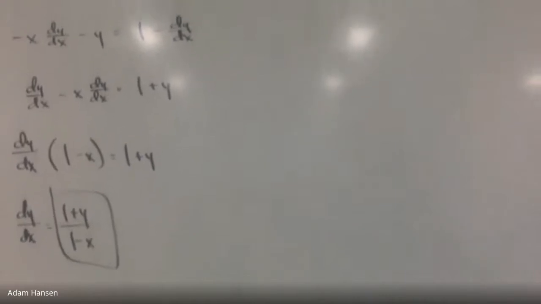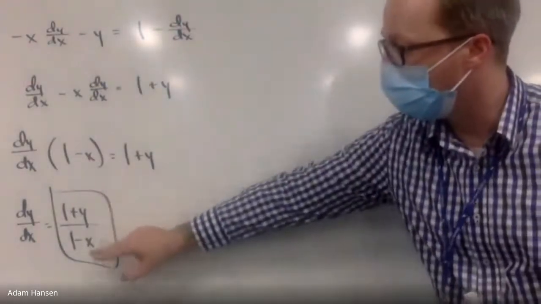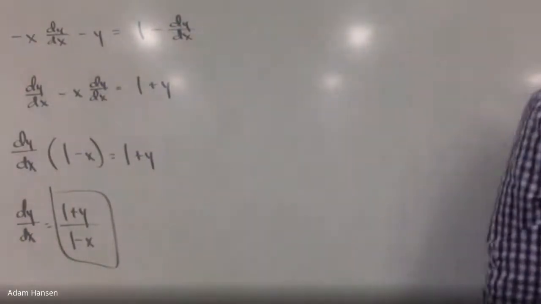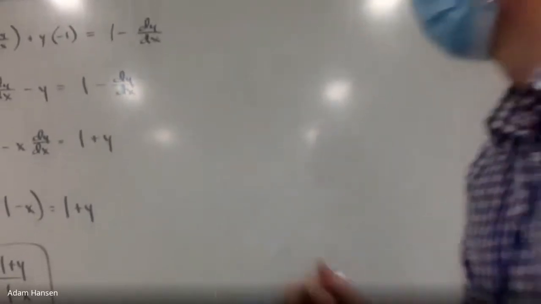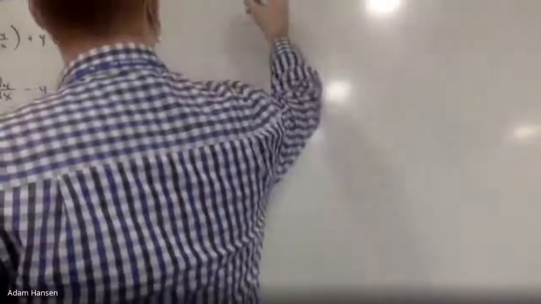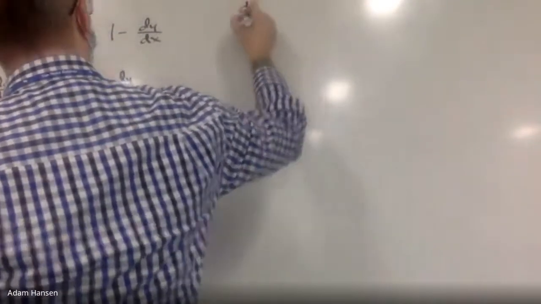What's next? Quotient rule to find the second derivative. Low d high minus high d low, all over low squared. So this will now be the second derivative once I apply the quotient rule.